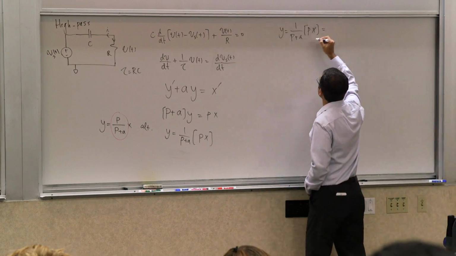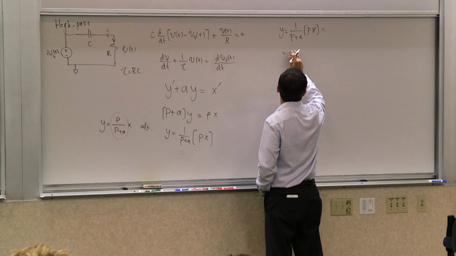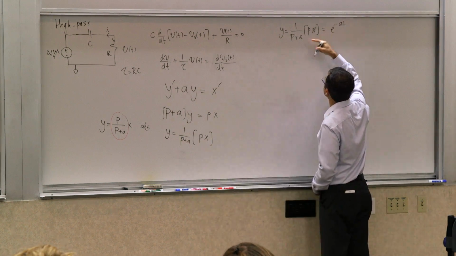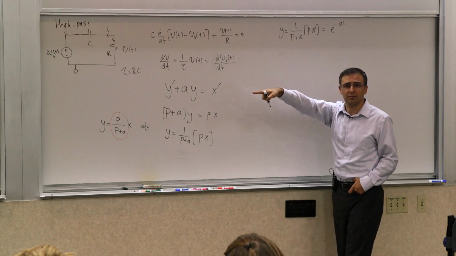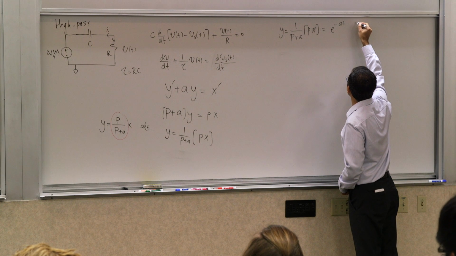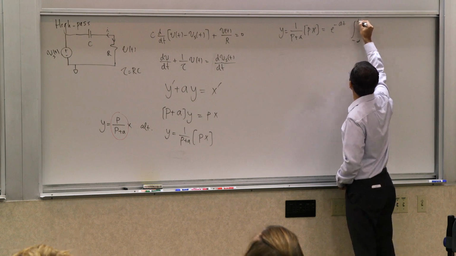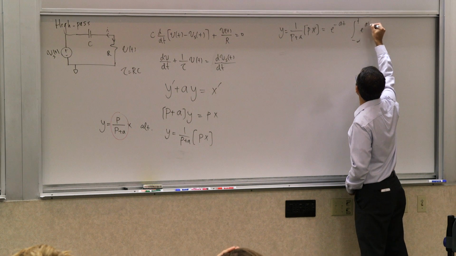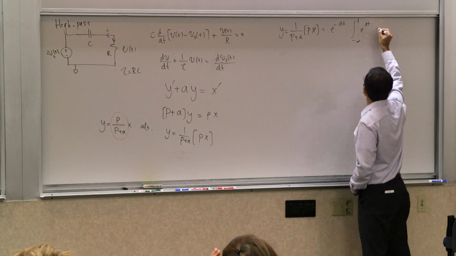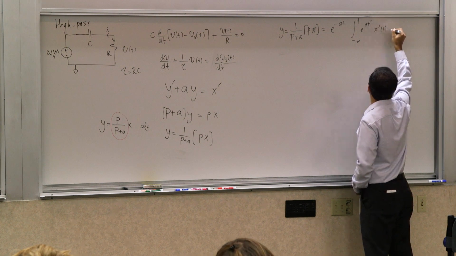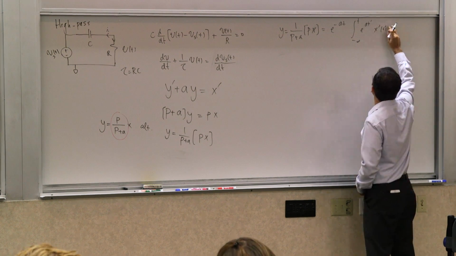It's basically, by definition, from what we calculated before, going to be e to the negative at, right? I'm just applying the operator that we calculated before. 1 over p, which is basically the integral from negative infinity to t of e to the a tau x prime of tau d tau.